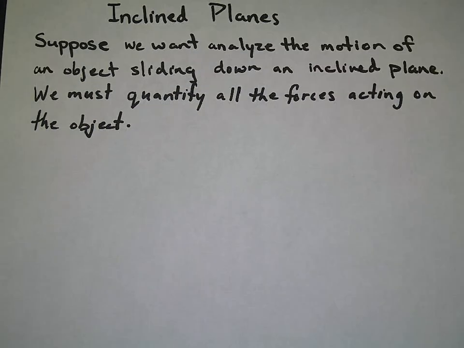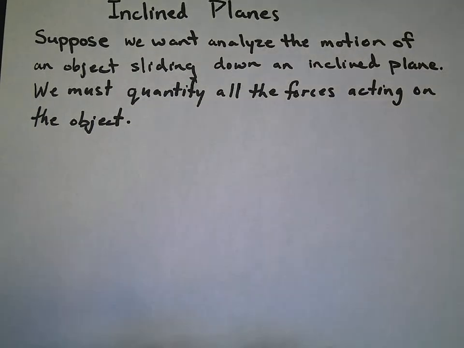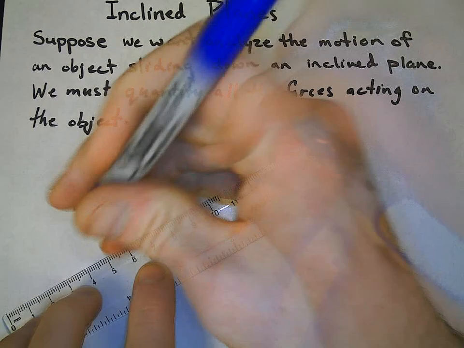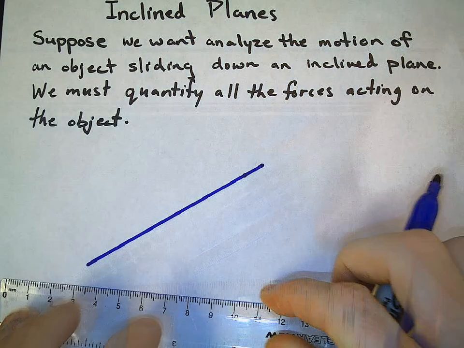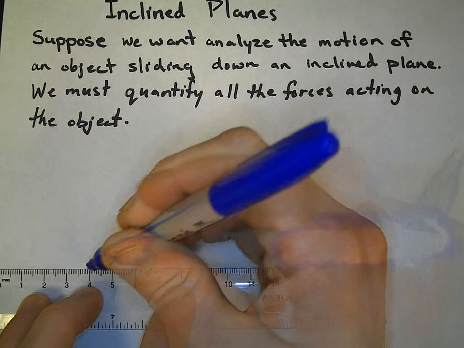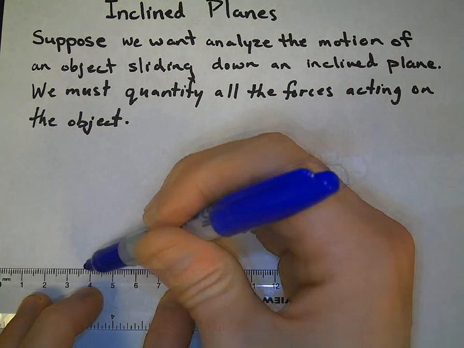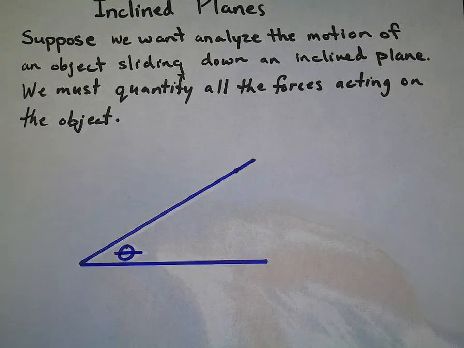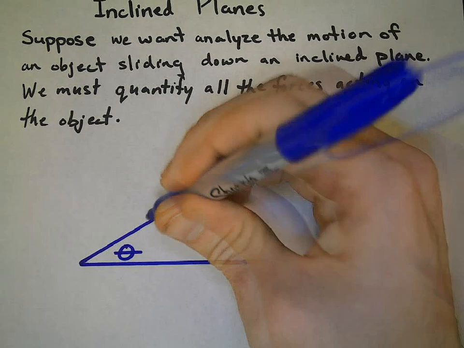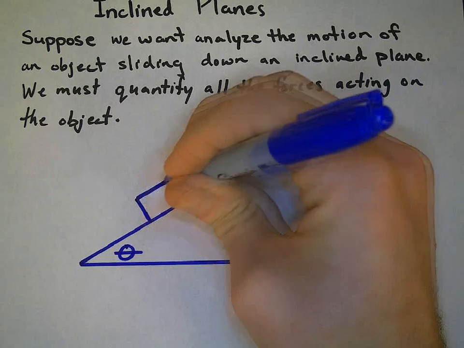So I'm going to start off with a little bit of a drawing here. We're going to have our inclined plane at a certain angle, and we will suppose that this is at some angle, theta, and we're analyzing some object that is on this inclined plane.